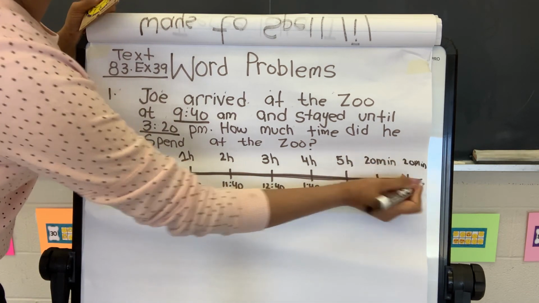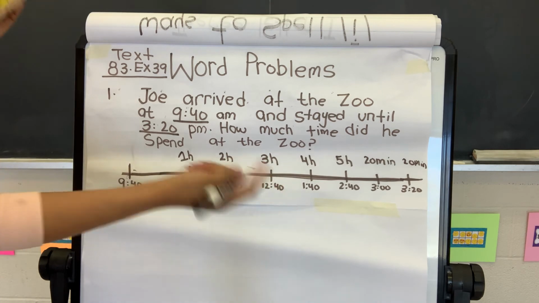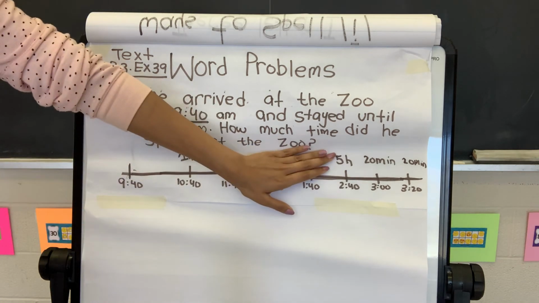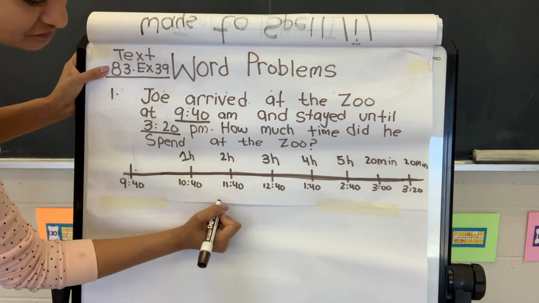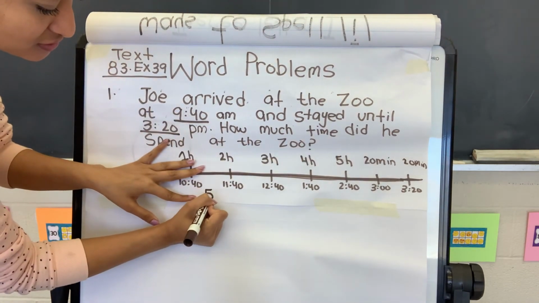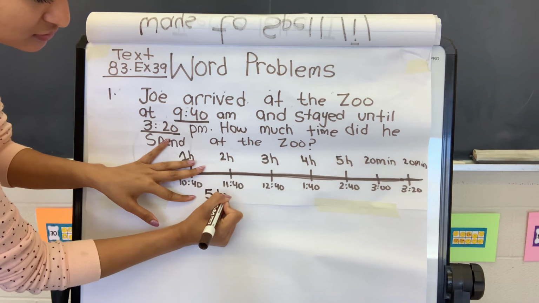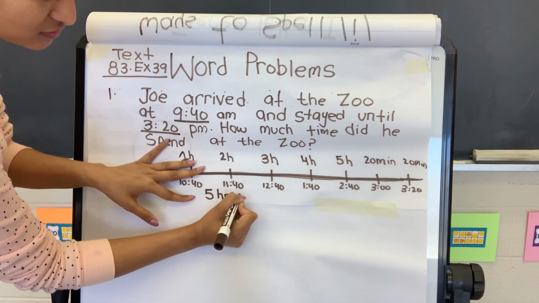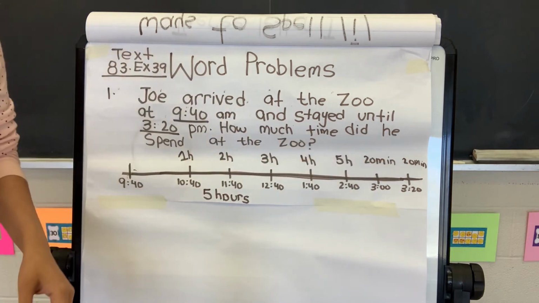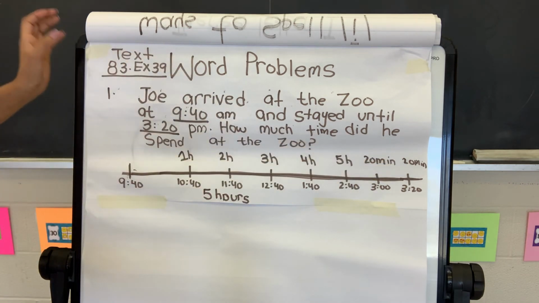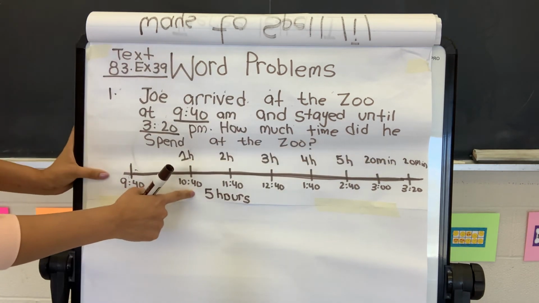Now it's much easier for me to say how many. So he stayed at the zoo for 5 hours. And how many minutes? 20 plus 20 gives me 40, right?